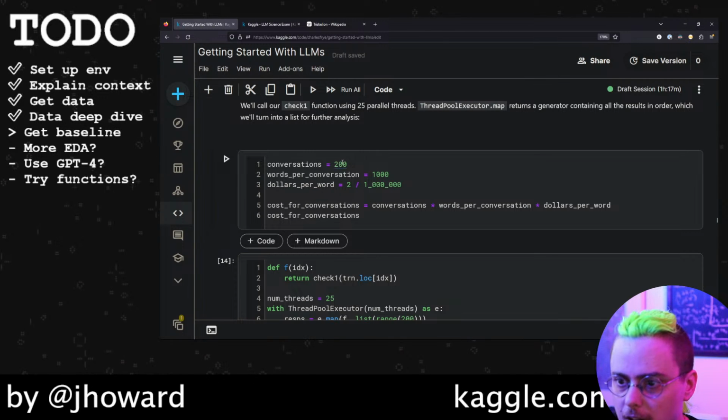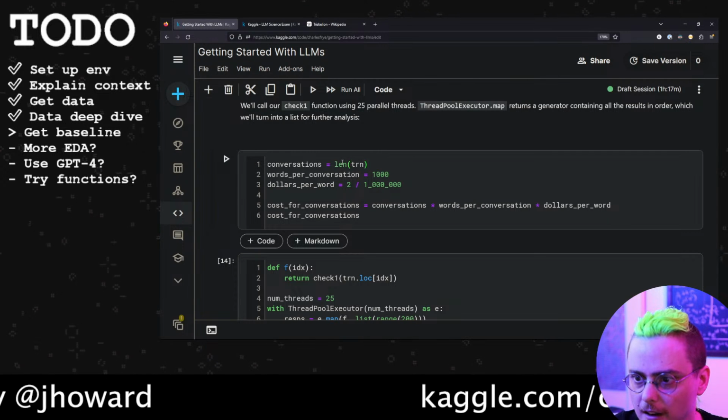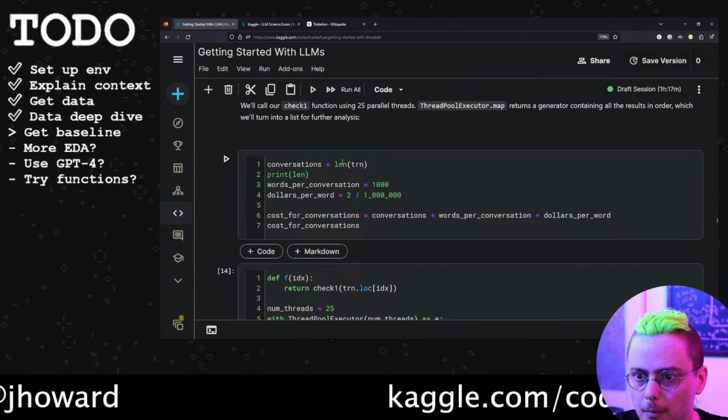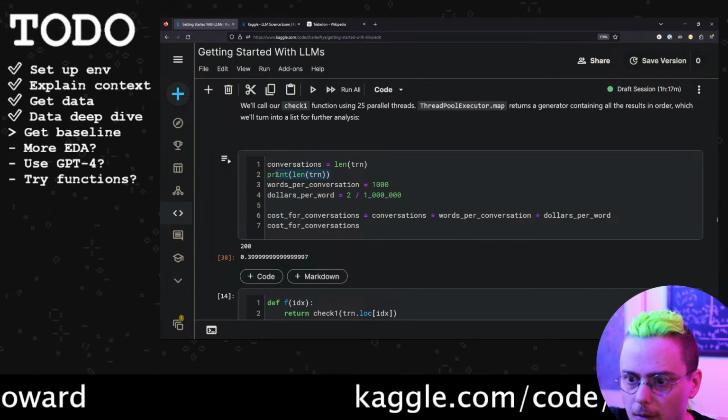The number of conversations that we're about to run is the length of our training data set. I'll print len train to make sure that's true. That should be 200. Great.